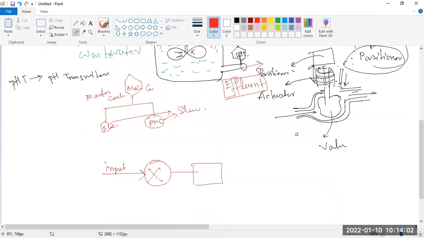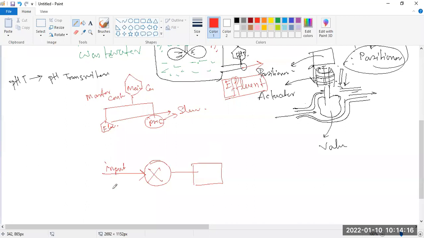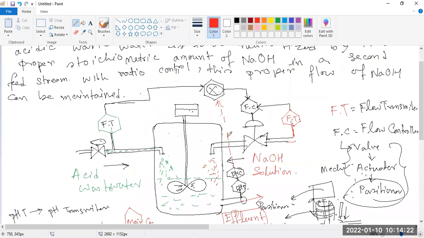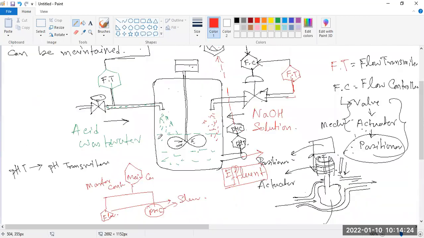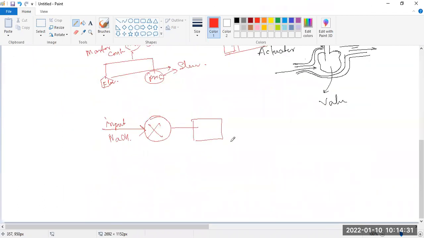Okay guys, I'm going to draw this block diagram. First, you can see this is input. This input is the acidic input. Sorry, sodium hydroxide solution. I am not talking about this input. It is just taken as feedback control. Look, no controller is there, no control action is there.